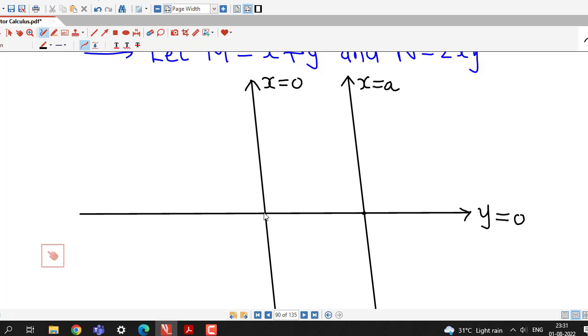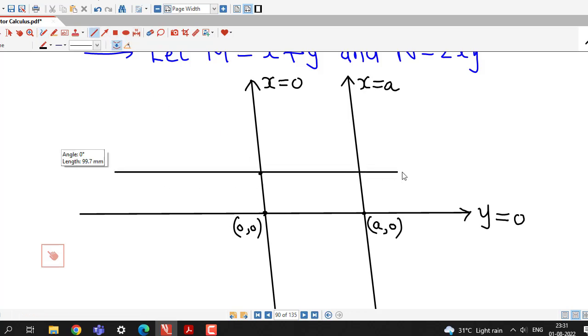Suppose this much distance is a, then this point is (a, 0), this is the origin. Similarly, suppose this much distance is b, then the line parallel to the x-axis is y equal to b.